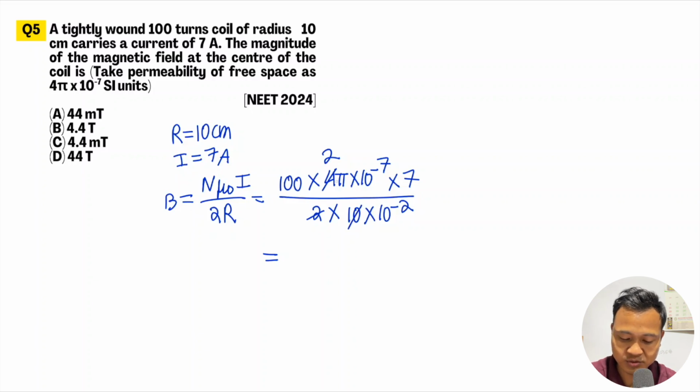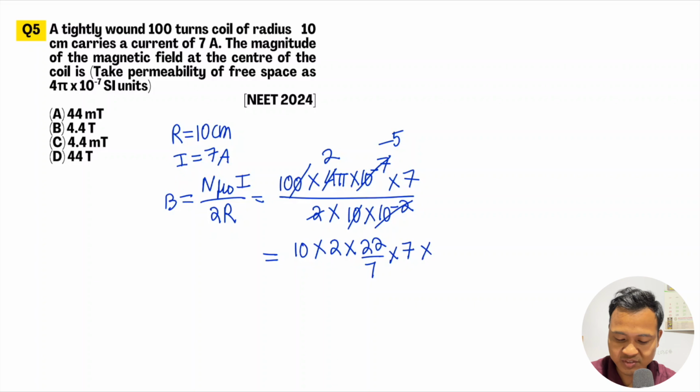So 10 gets cancelled out. 10 power minus 2, 10 power minus 5. So I will have 2 into 22 by 7 into 7 into 10 power minus 5. So 7 gets cancelled out. 2 fours are 4, 4, 40 into 10 power minus 5.